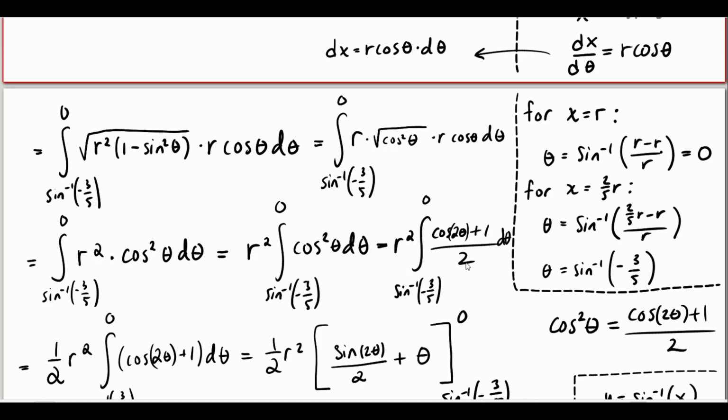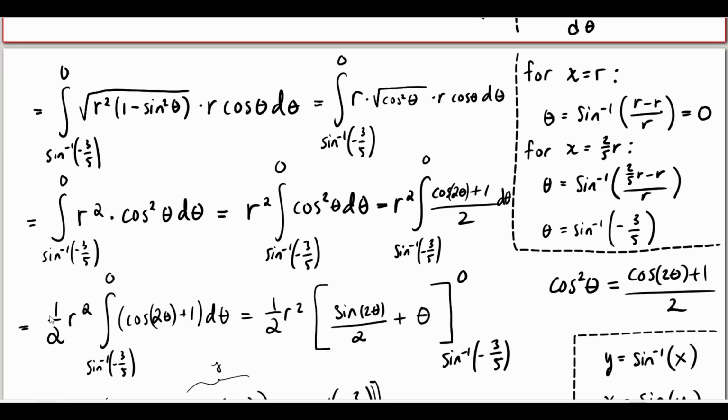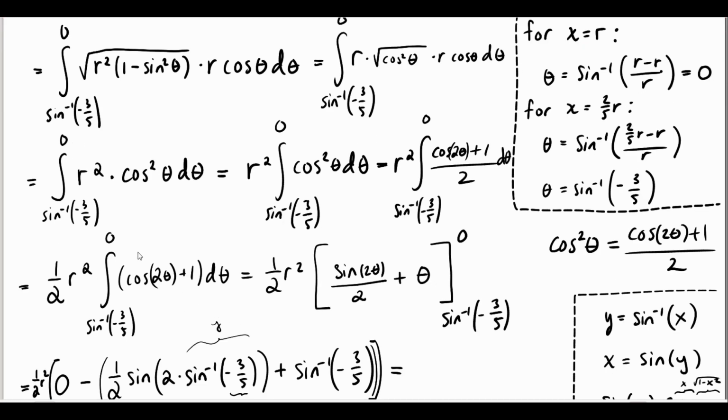And then we can factor out 1/2. 1/2 is here. And then we have the integral and these values here. And then cosine of the double angle plus 1 d theta. And this one is easier to find a primitive function to. So the primitive function is now sine 2 theta divided by 2.